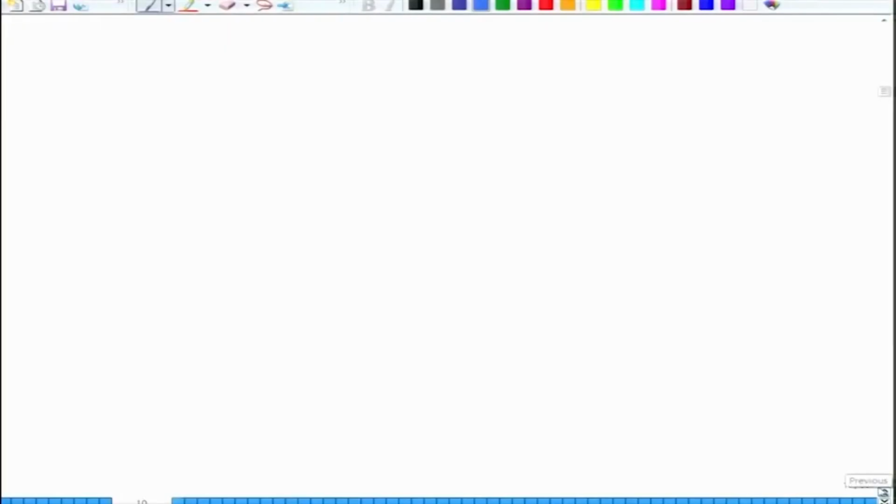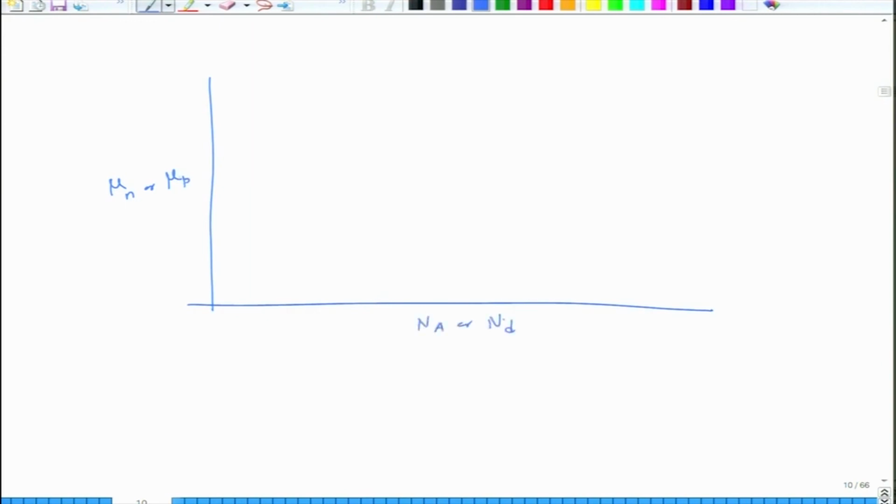Looking first at the impurity dependence, if you plot mu n or mu p as a function of Na or Nd, at lower concentration it is relatively flat, but at higher concentration it tends to go down.